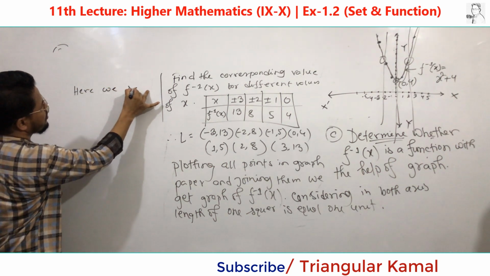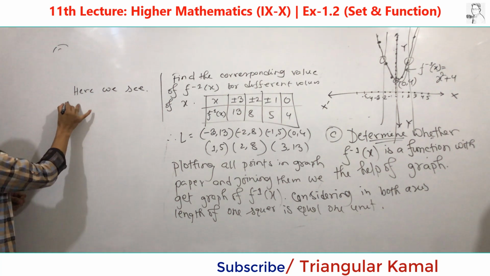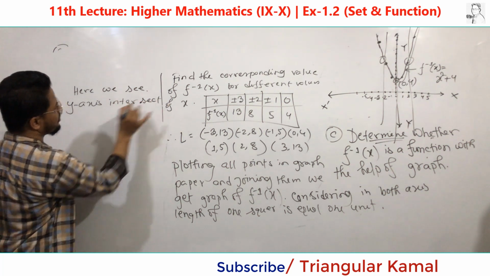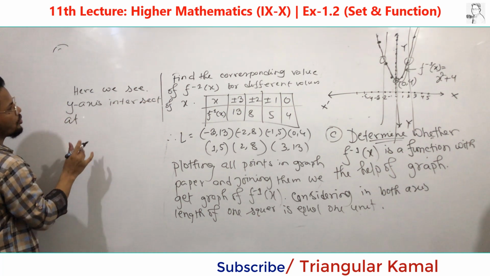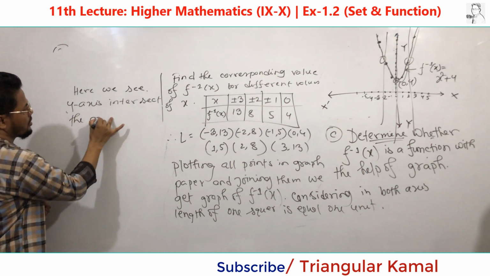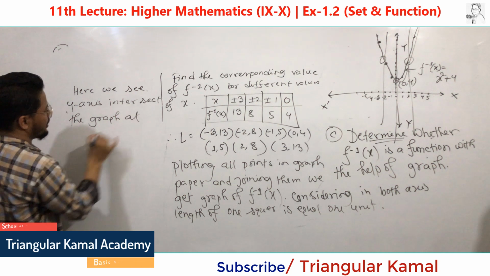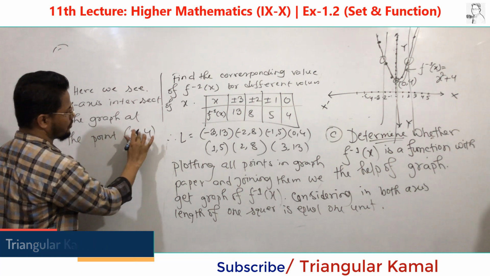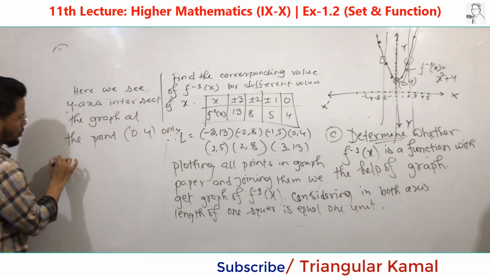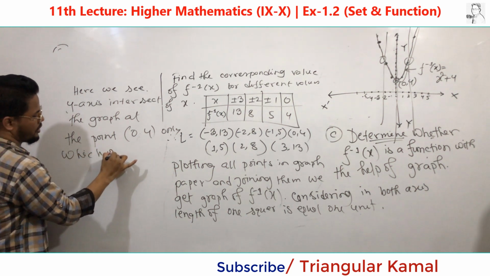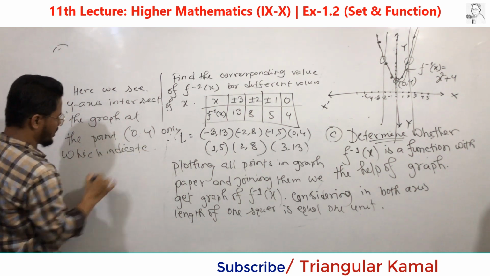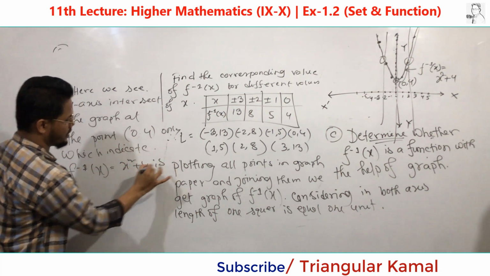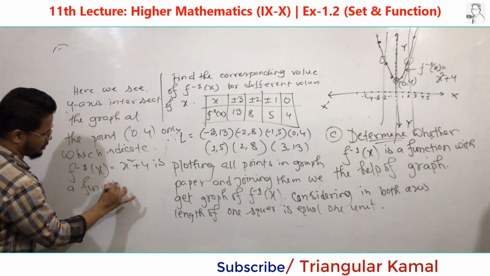Here we see the y-axis intersects the graph at the point 0, 4 only, which indicates f inverse x equal x square plus 4 is a function.